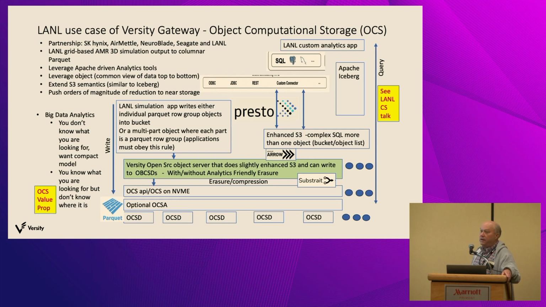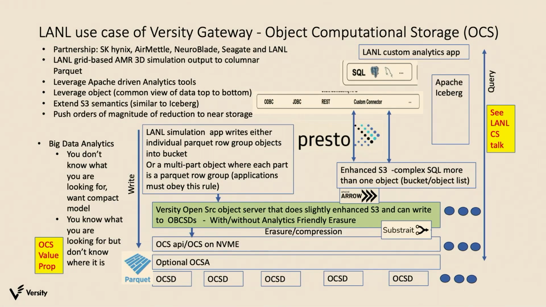And so the idea is, instead of writing out our custom columnar format, we would write out Parquet chunks. And of course, it's going to be a lot of them, because you don't want to have one great big petabyte-sized Parquet chunk. You'd have lots and lots of little ones, and then be able to use those tools to do analytics on it for reducing the data, so that when you read it up, you don't have to read the whole thing.